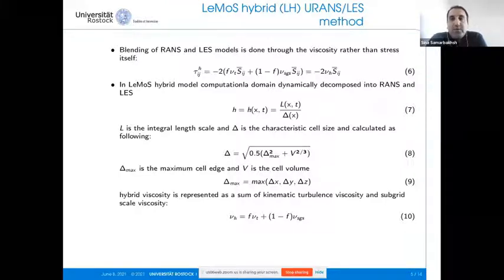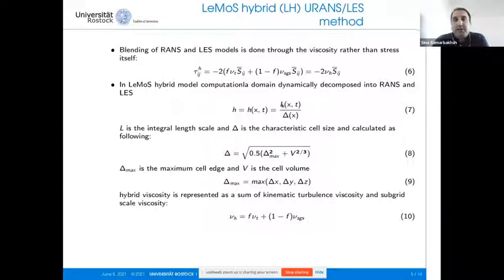If you look at the equation 7, we need to calculate the ratio of integral length scale to the cell size. If our integral length scale is bigger than cell size, then we are in the LAS region and we use nu SGS instead of nu h. And when the length scale is smaller than cell size, we are in our RANS region, and nu h switch to turbulent kinematic viscosity from our RANS simulation.